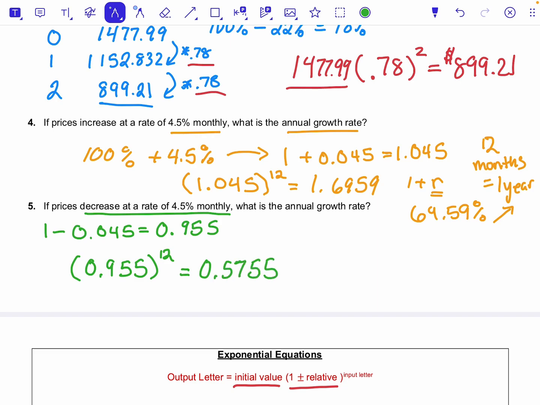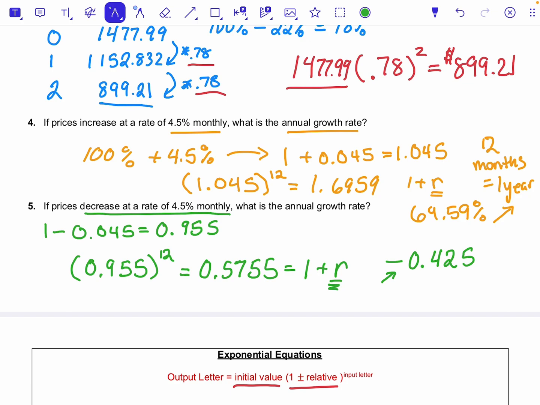Now, this is not my annual growth factor, because remember, this is the result of taking 100% plus my rate. And I want to know, what is that rate? So if I subtract out 1 from that, I actually get negative 0.425. And you might be going, why is it negative?